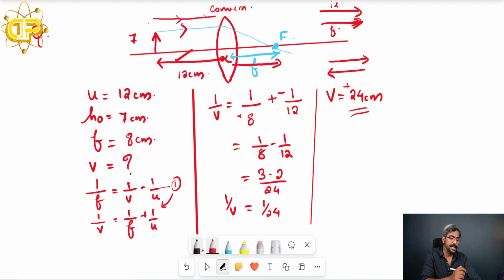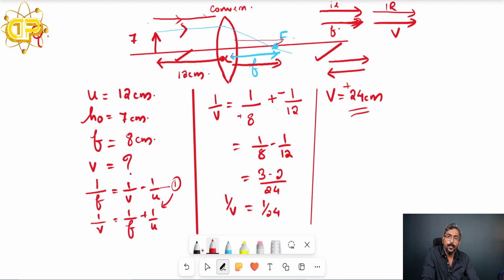It indicates that V is in the same direction as the incident ray. So V will fall on the right side of the lens, 24 centimeter from the optical center.